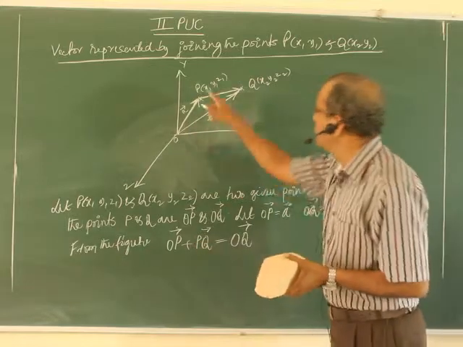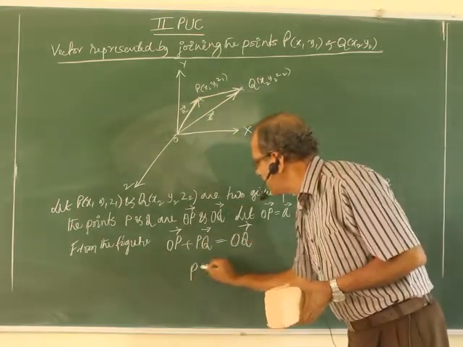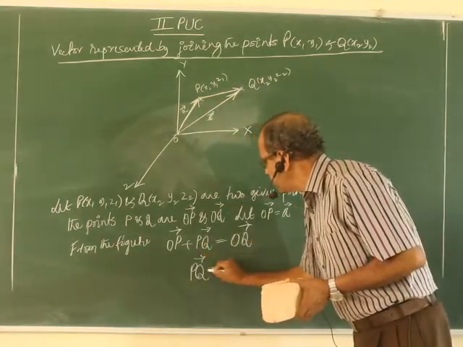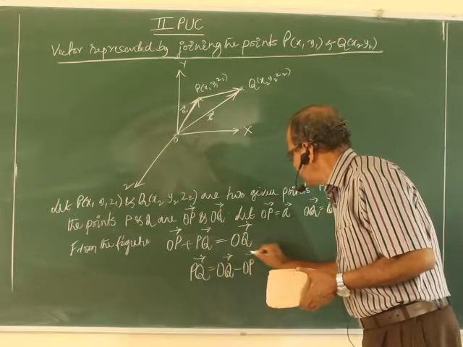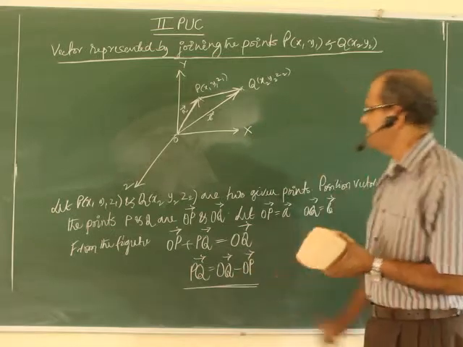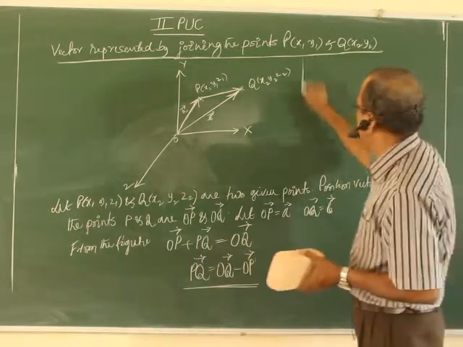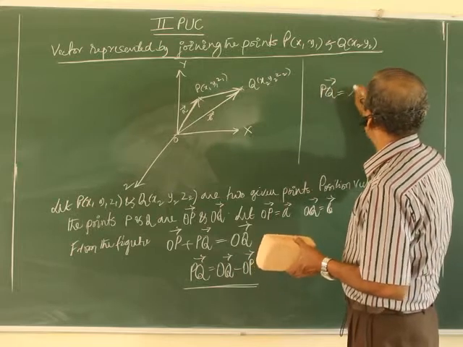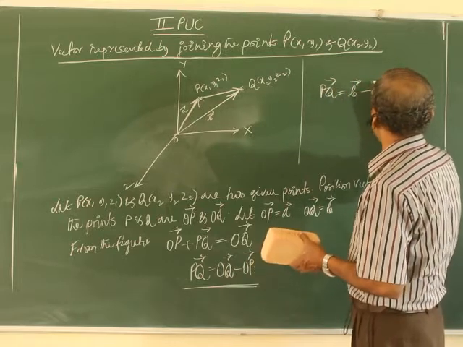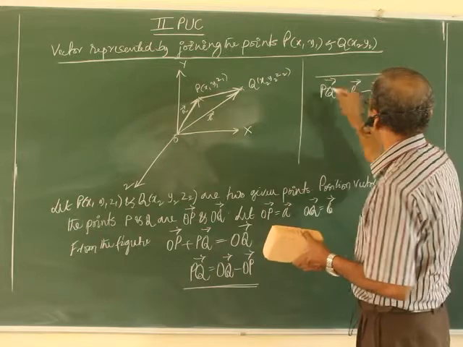But the question is to find PQ. Let me write that. PQ equals OQ minus OP. Or let me write once again here: PQ equals B minus A in terms of position vectors.